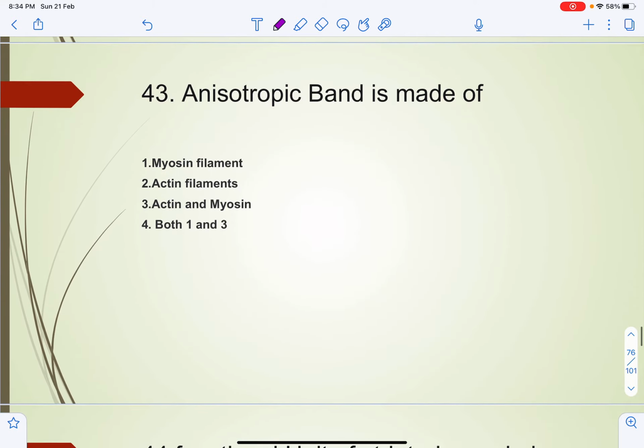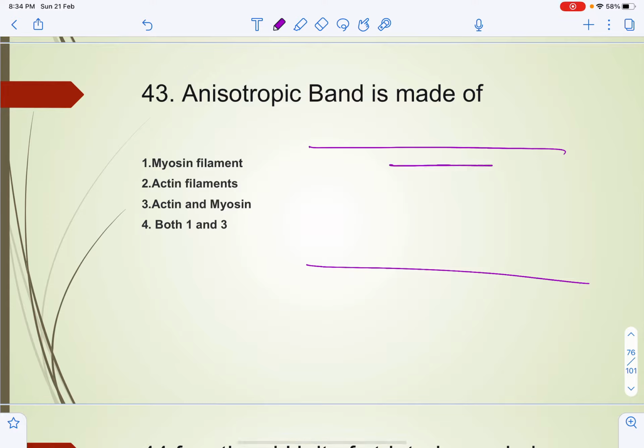In the next question: an isotropic band is made up of. Already we know that in the A band we can see the dark, thick myosin. It is confined to the A band only and is not extended to the I band.